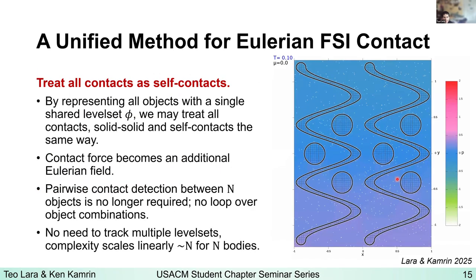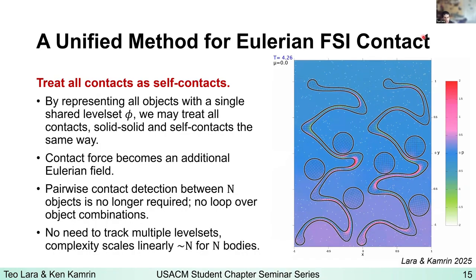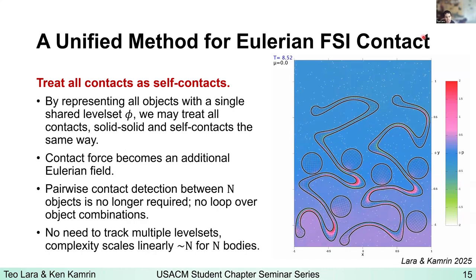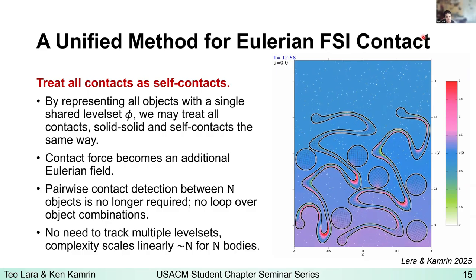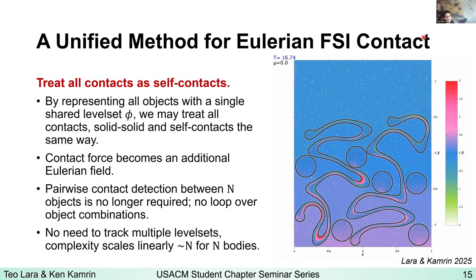So with that being said, we can do something interesting in that we have not only resolved the self-contact, but we've also resolved the second problem of our contacts. We can treat all contacts as quote unquote self-contacts by representing all objects with a single level set field.